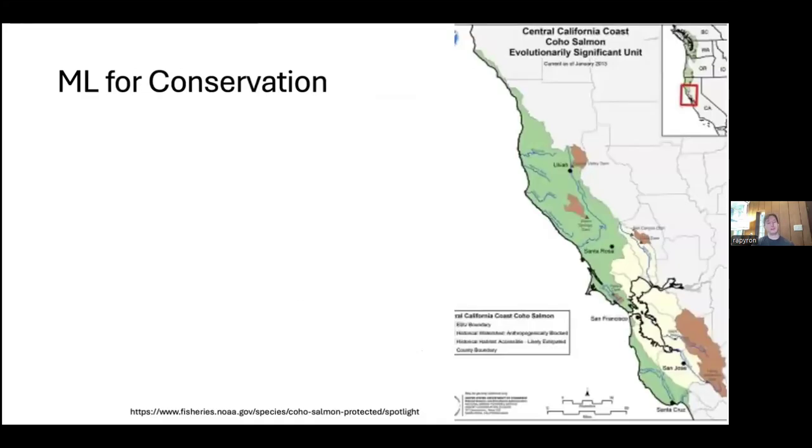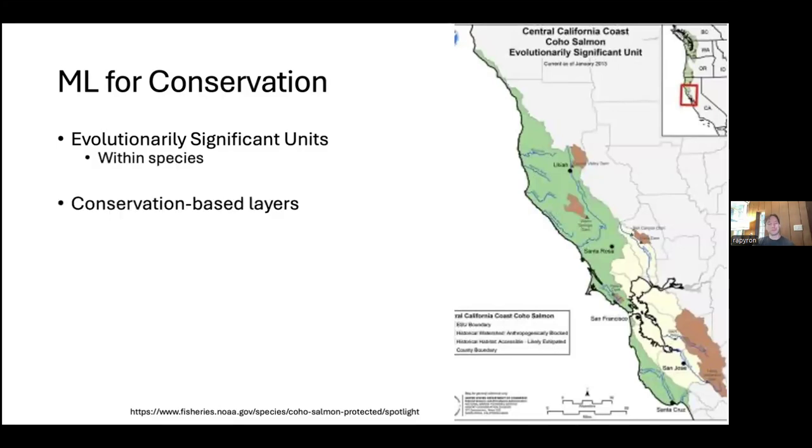So we could use machine learning to go beyond delimiting species and think about delimiting potentially evolutionarily significant units. If we have a set of populations, we could incorporate additional layers, things like habitat encroachment, changes in population trends, amounts of pollution, amounts of global land cover alteration, as a fifth layer.